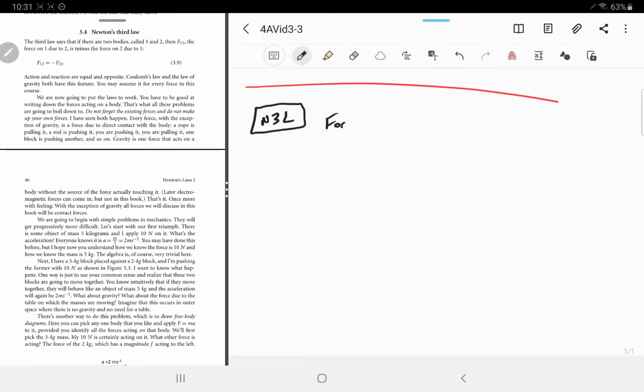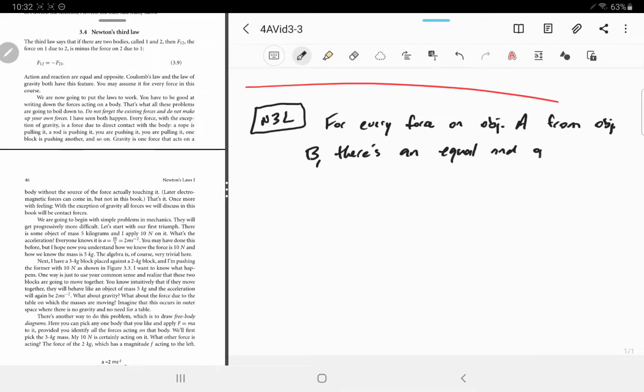For every force on object A from object B, there's an equal and opposite force.